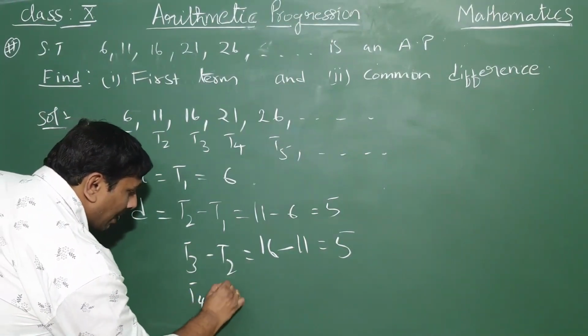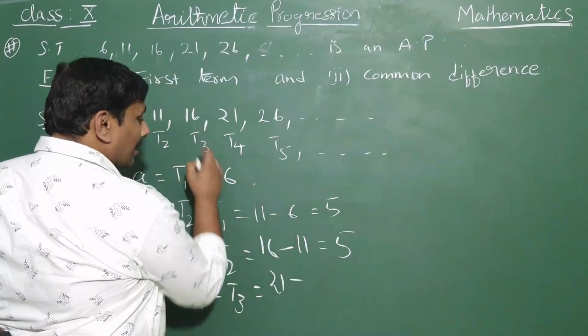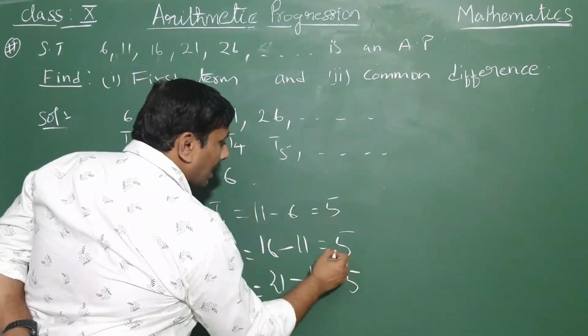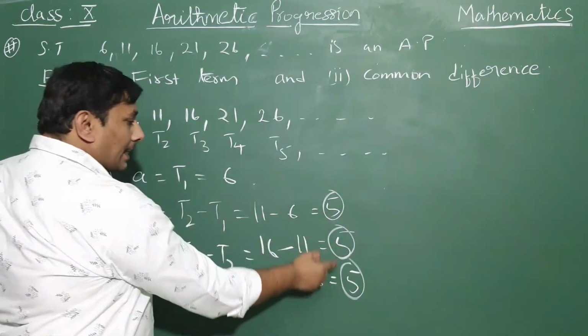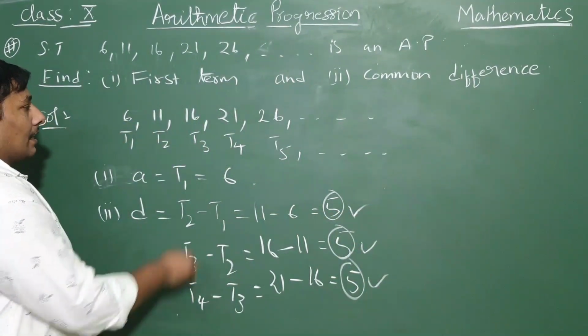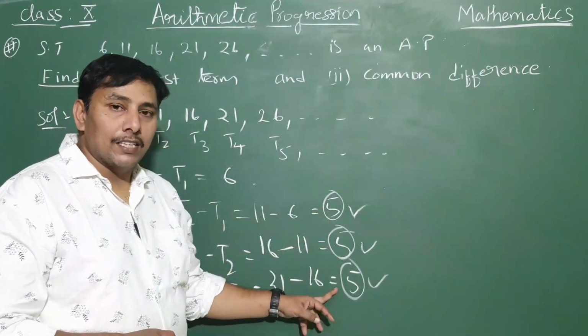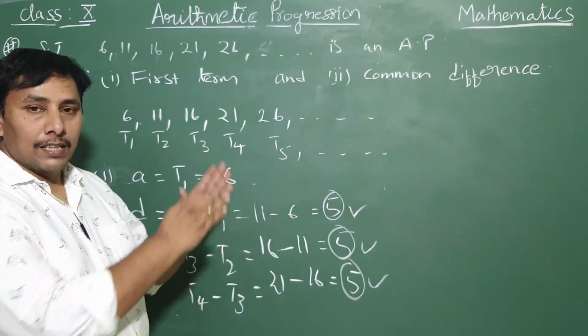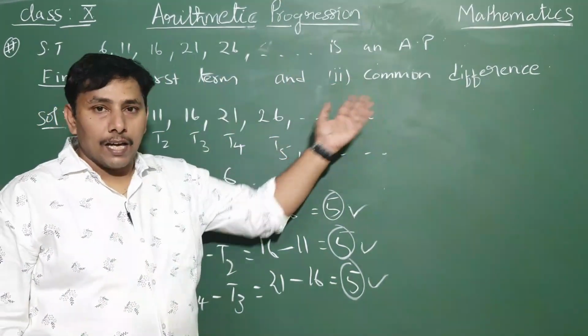Then T4 minus T3, 21 minus 16, is 5. If you see, all the differences are a constant, therefore I can say this sequence, which has a constant difference, is an AP. So we proved that this sequence is an AP.